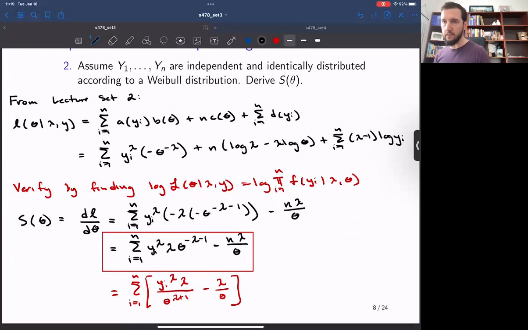If you can solve it directly to find the MLE, you're free to just use that estimate. If you cannot, that's when you would need an iterative procedure. So we're pushing forward under the assumption that if we set S of theta equal to 0, we're not going to be able to find a direct solution for theta.